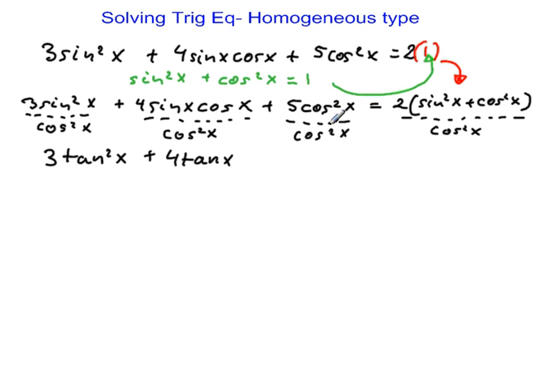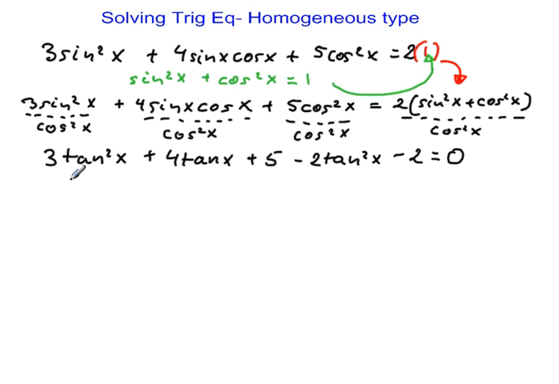Over here, cos squared over cos squared, so this is 5. And then sine squared over cosine squared, so minus 2 tangent squared x. Once again, sine squared over cos squared, tangent times 2. And then cosine over cosine is 1, so bring over to the other side, so minus 2 equals 0.